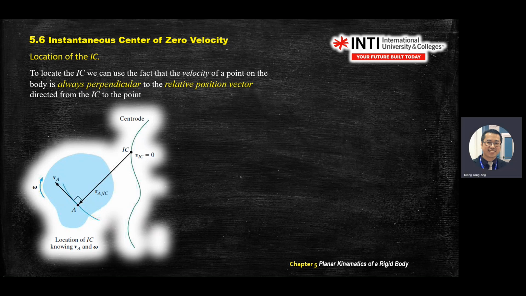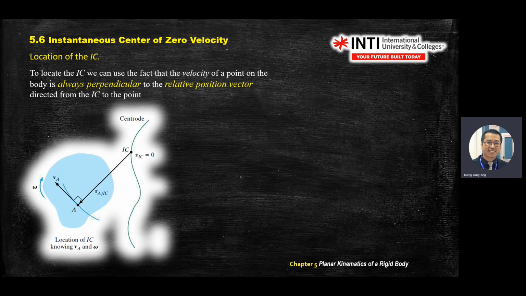So VA will be moving in the tangent direction of this blue line. You know VA and R are always 90 degrees. So you put your transparent ruler here and draw a line at 90 degrees. You will get the position of your IC.